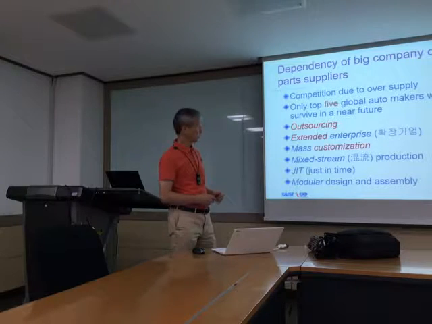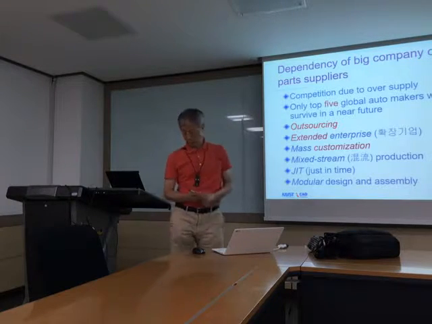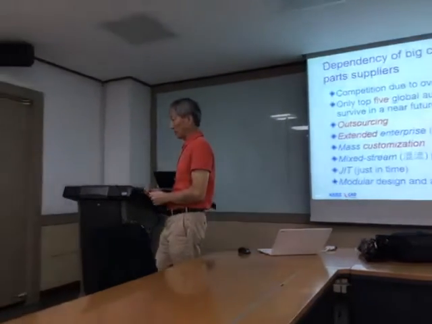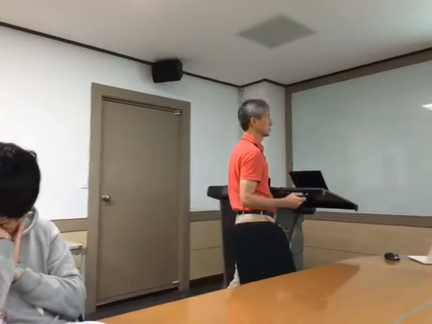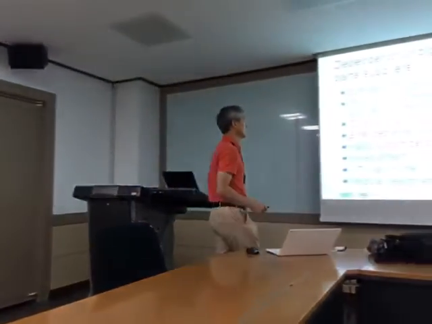Many people say that small companies are pushed by big companies through contracts. In Korea we have the gapjil relationship, right? So big companies have the power to push down small companies.